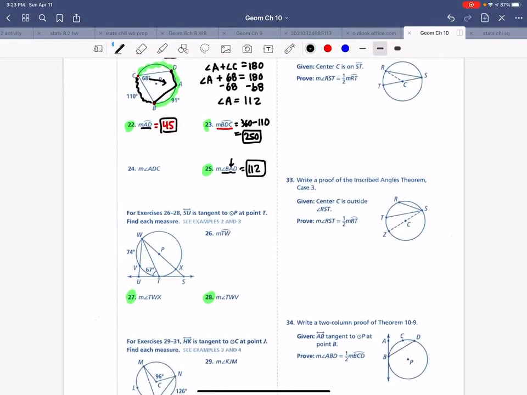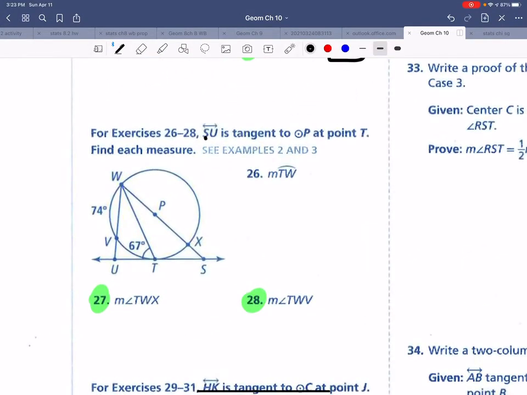Now new question, new picture, SU is a tangent at T, find the measure. So just as we've been showing, the tip of the angle formed by two chords is half the snow. Here as well, an angle formed by a tangent and a chord would have that same effect. So this arc is twice 67.